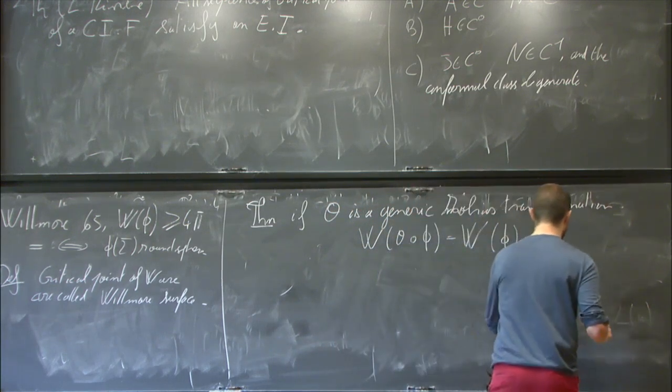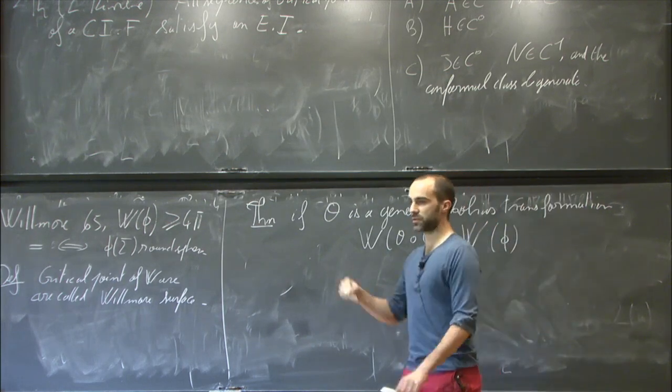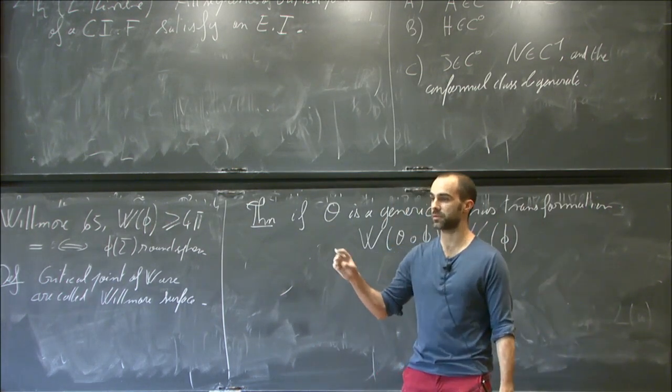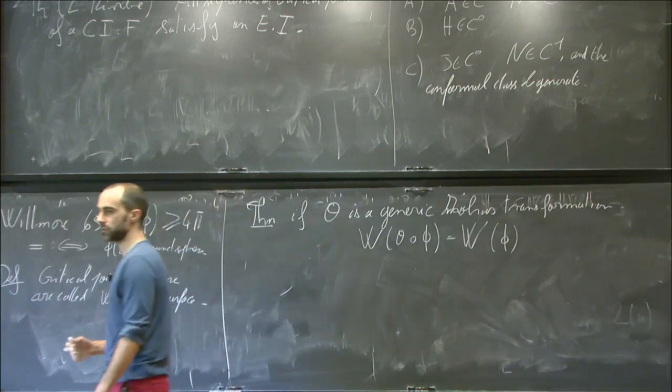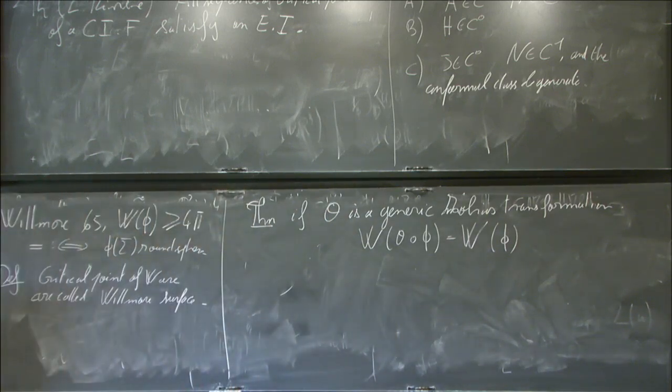Generic means that if there is an inversion, the point of inversion is not on the surface. Of course, else you lose some multiple of 4π of energy.